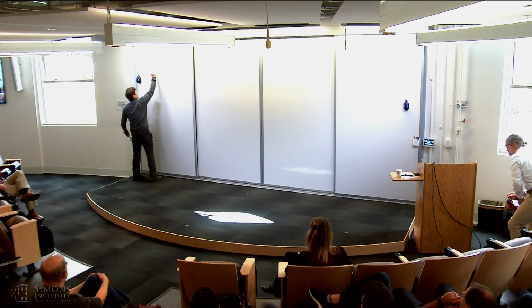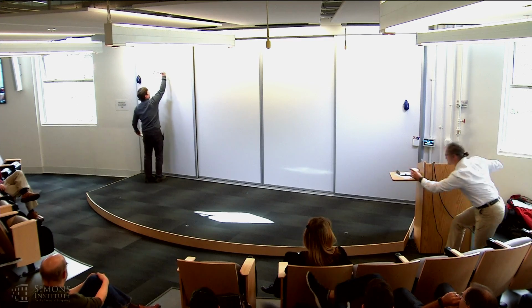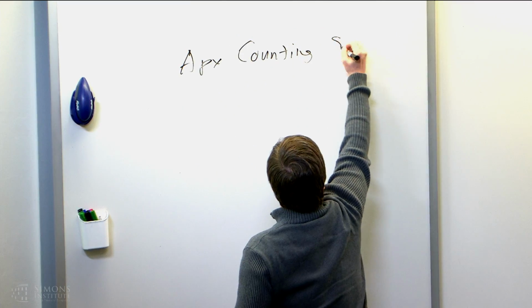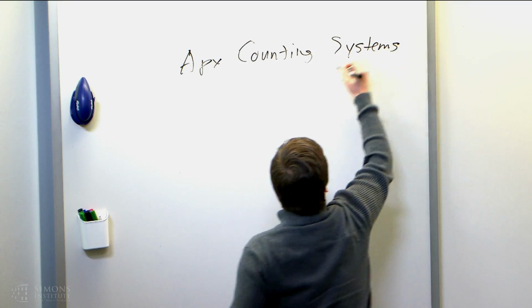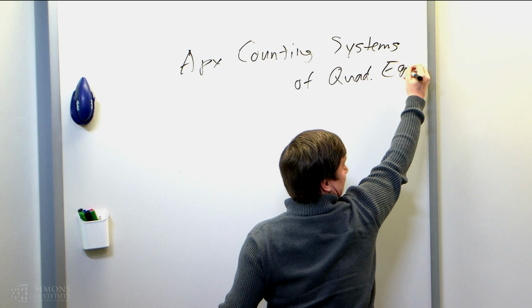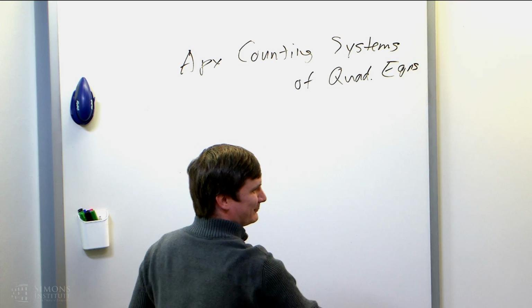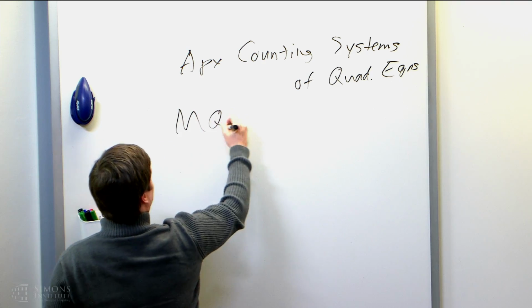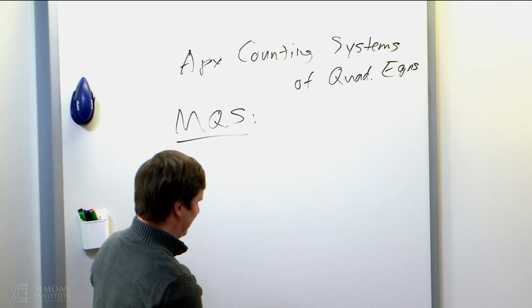So this is about approximate counting for systems of quadratic equations. Okay. So the problem we're going to look at is MQ.